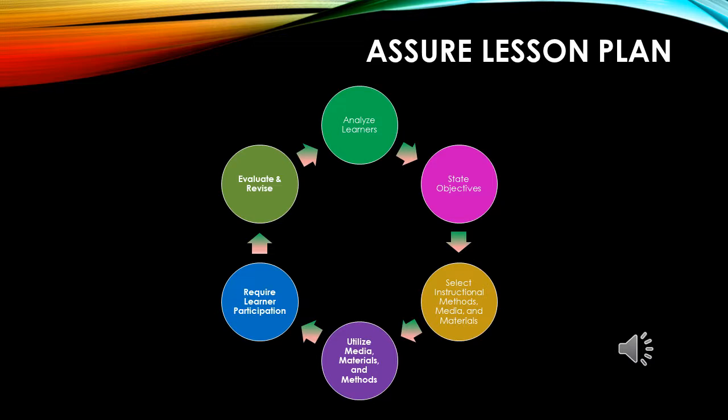The learning objectives should be SMART: specific, measurable, achievable, realistic, and time-bound. 3. Select methods, media, and materials. List all of the required materials and media needed for the lesson and provide justification for the use of the various media materials.